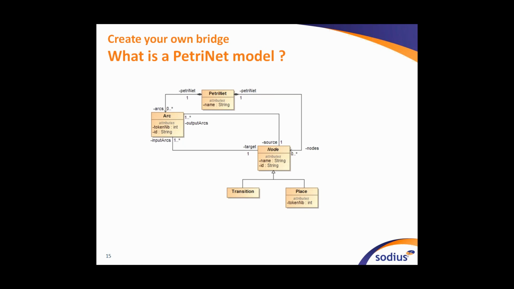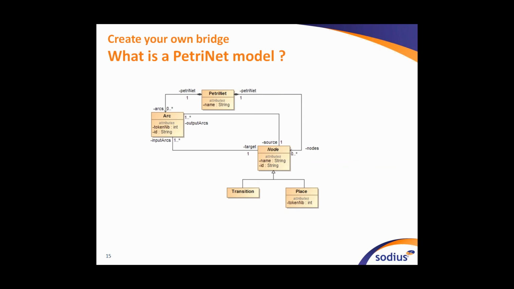So what I've done is I've created the PetriNet model in Magic Draw. I have 5 classes: PetriNet, arc, node, transition, and place. The classes have attributes: PetriNet has a name, an arc has a number of tokens and an ID, a node has an ID, and a transition and a place, which are kinds of nodes, have a name and ID because they inherit from node, and a place has a number of tokens.